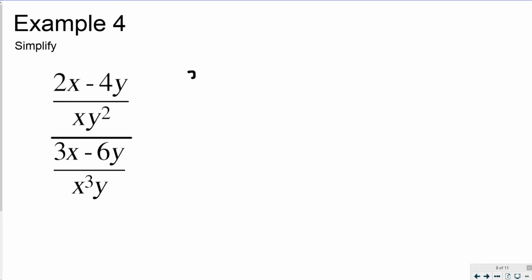So I'm going to have 2x minus 4y over x y squared divided by, we haven't flipped it yet, 3x minus 6y over x cubed y.